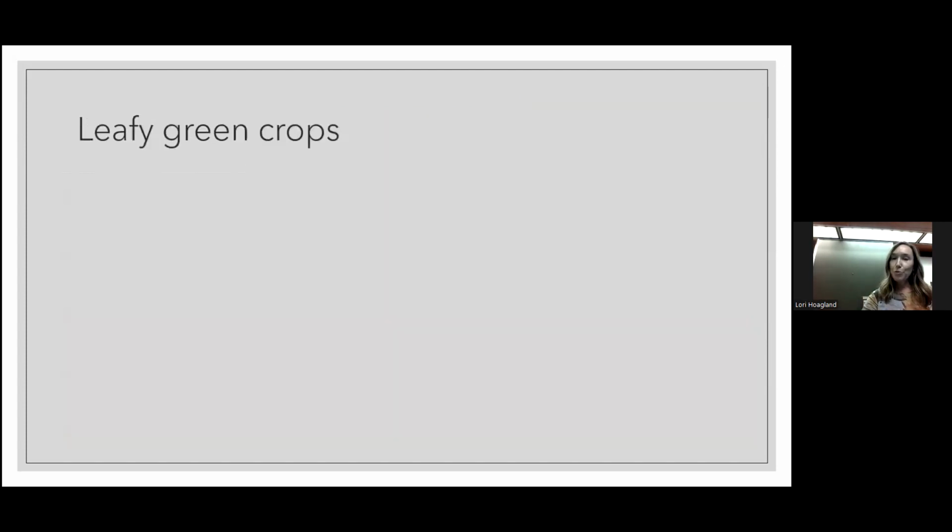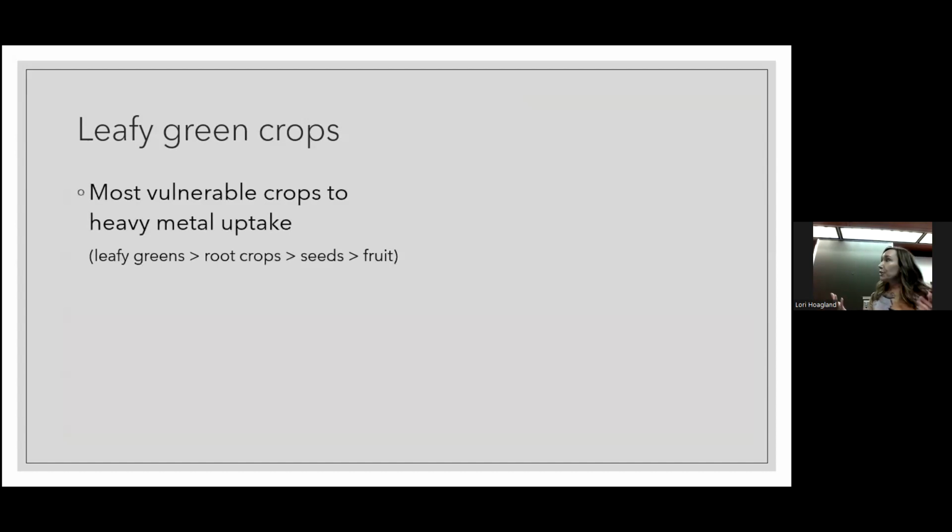But most of her work, because it took so much time to get going on cacao, we were instead focusing on leafy green crops. So leafy greens in general are just the crops that are the most vulnerable to heavy metal uptake. There's kind of a clear trend over time, always leafy greens take up the most.